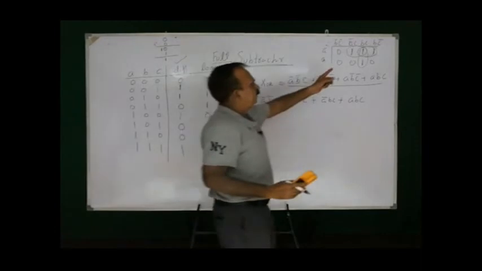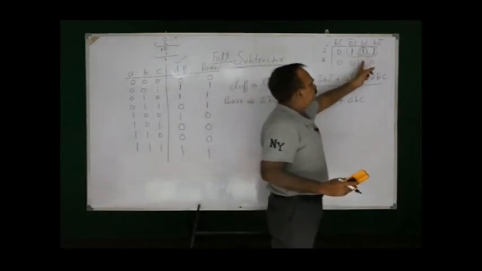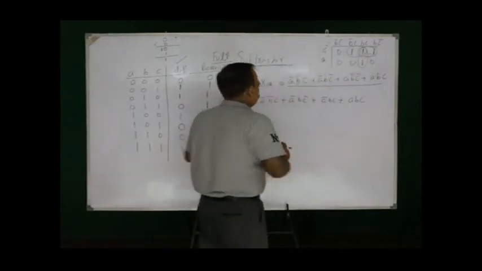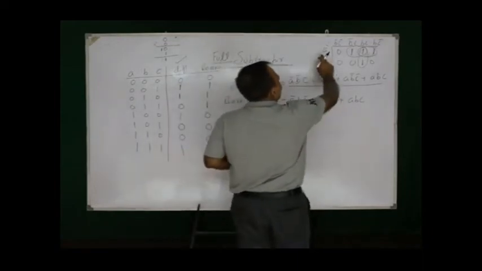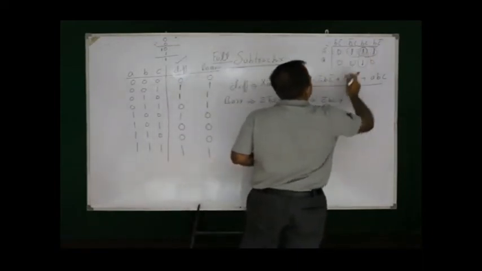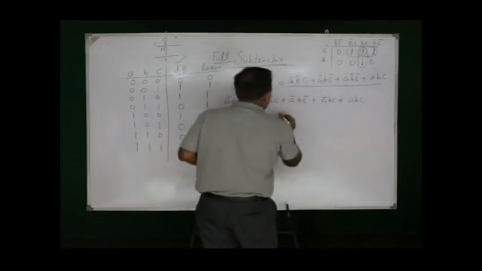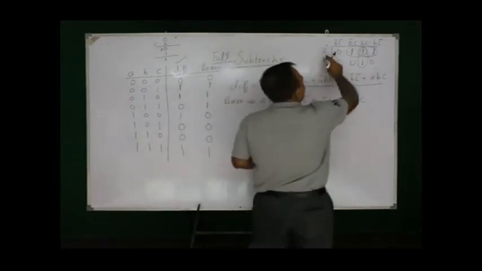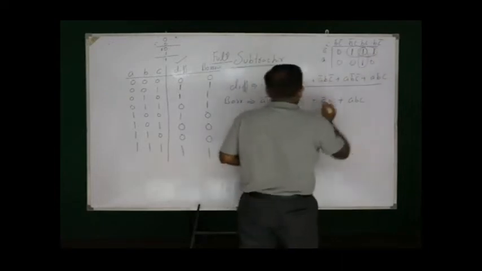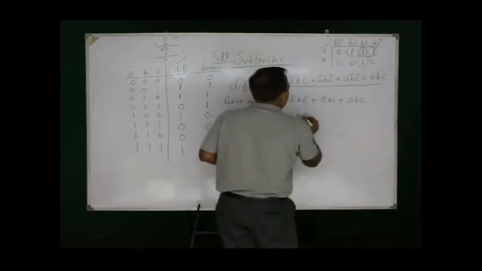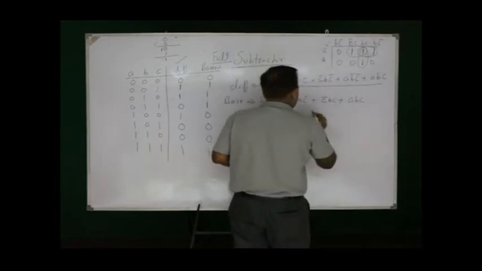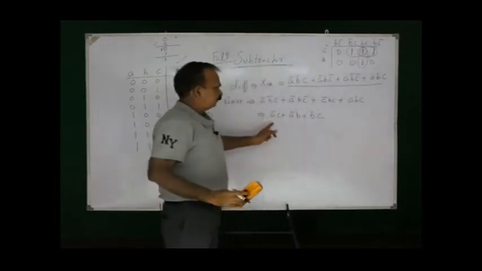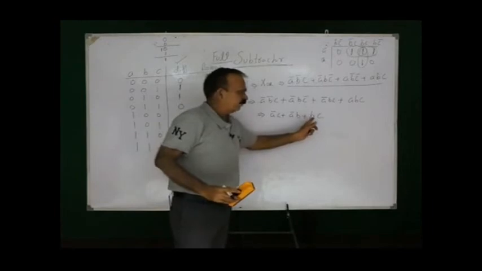Now if I write the simplified expression, the first pair gives A bar C, the second pair gives A bar and B, and the third pair gives B C. So: A bar C, A bar B, and B C.